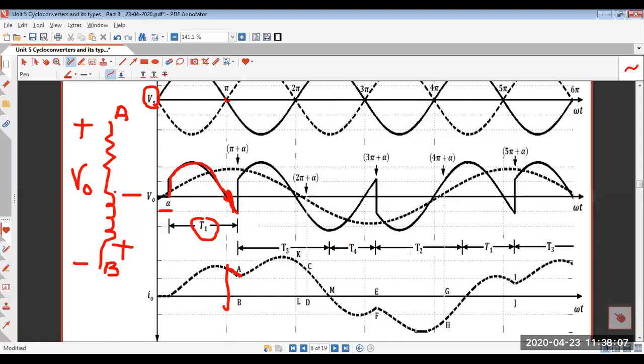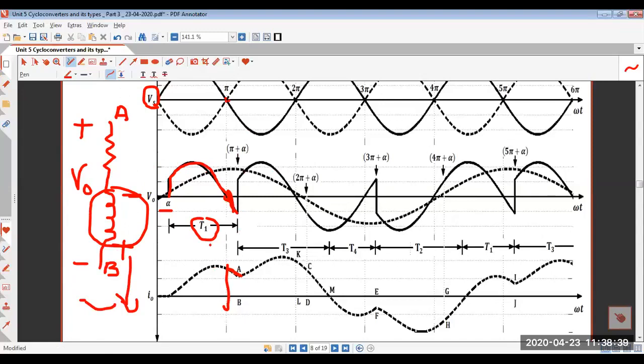Because now your inductor is behaving as a kind of source, the current is flowing, and this negative voltage of the inductor will keep your conducting SCR in conduction mode for a short duration. The current would start releasing and flow through the circuitry, right?